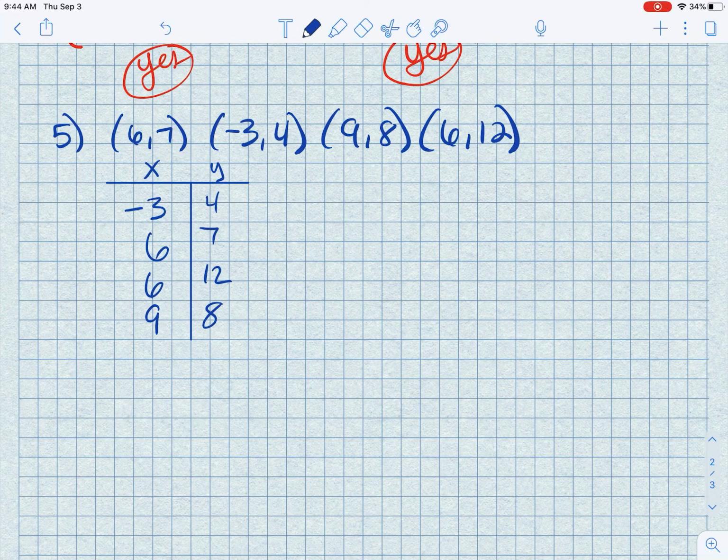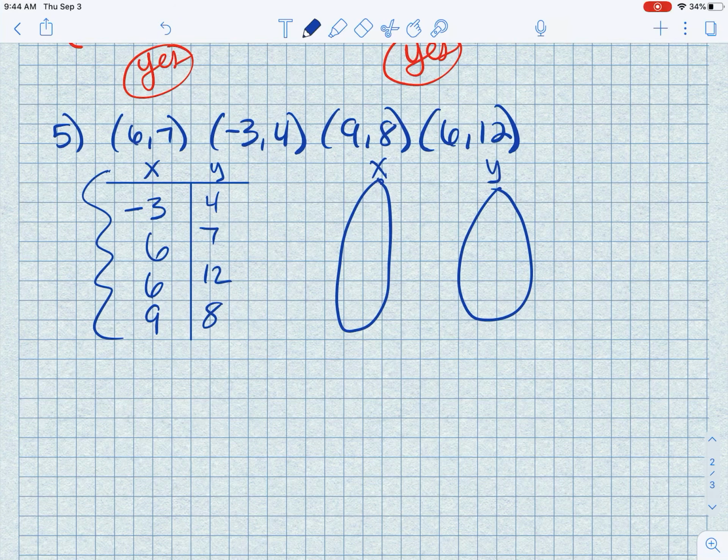Well, so we're going to compare our domain or our inputs, our x values, or we can do a mapping. And sometimes you'll be given that mapping. So my x's go from smallest to biggest. I don't need to list repeats. My y's go from smallest to biggest, and then we connect them.